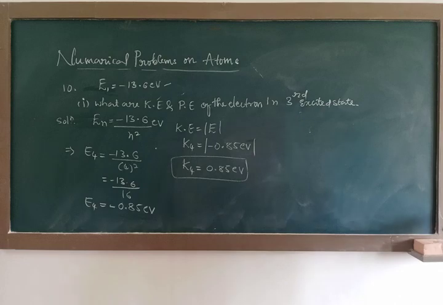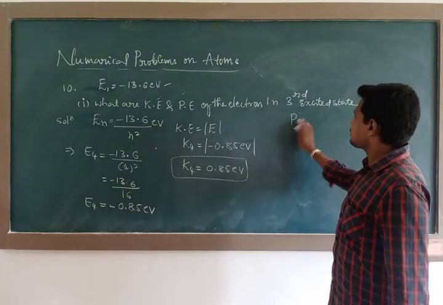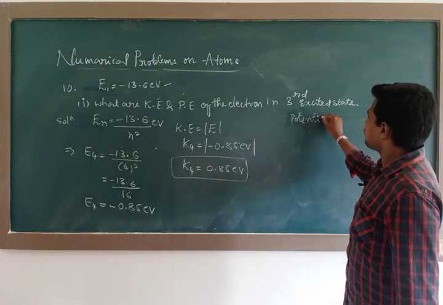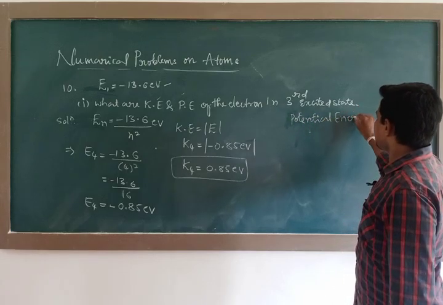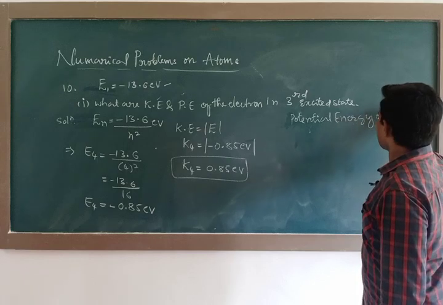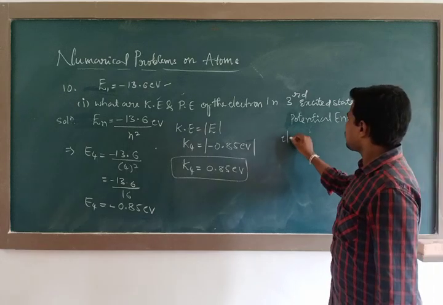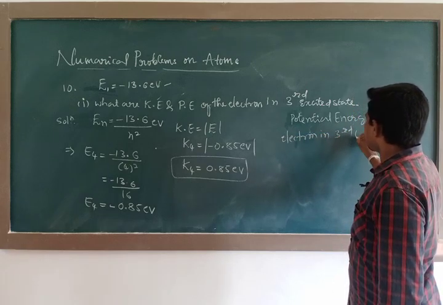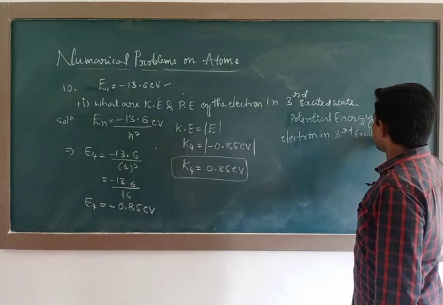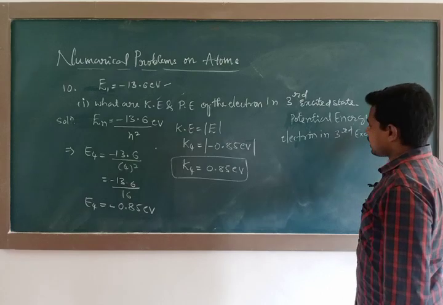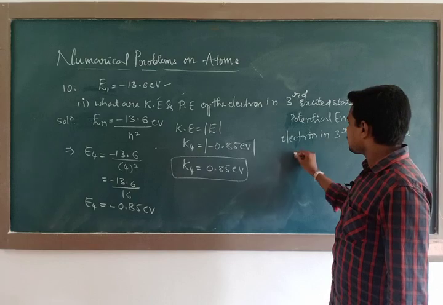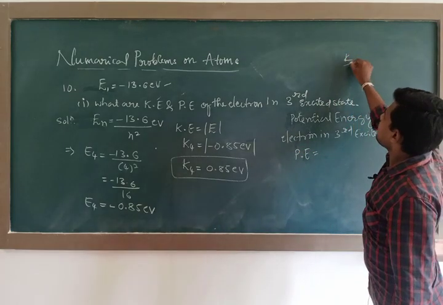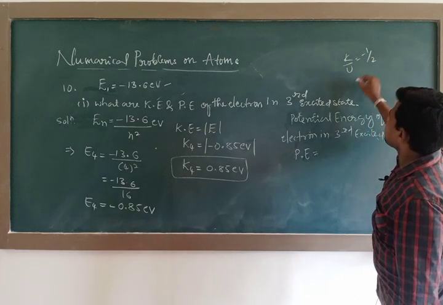What is the potential energy of the electron in the third excited state? Just now we found kinetic by potential is equal to minus half.